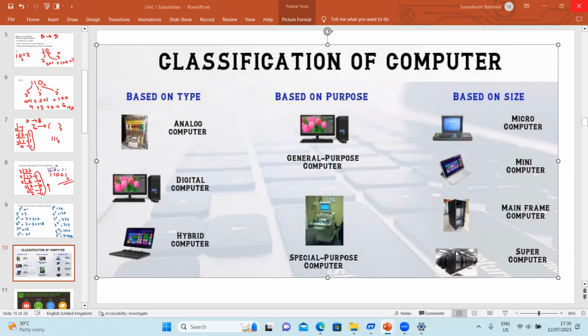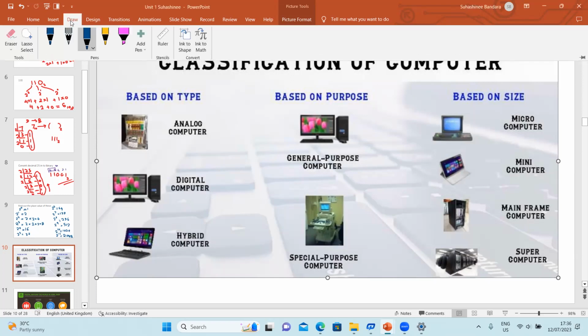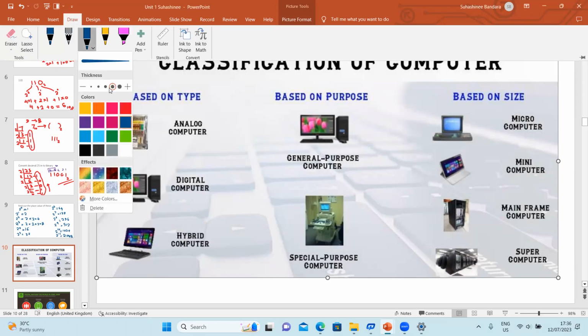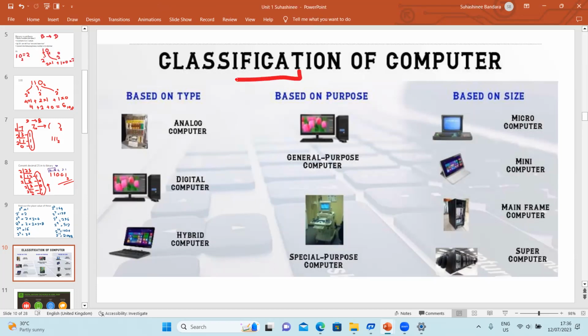Shall we draw the chart? I'll draw the lines there, then it's easy for you. Okay, classification of computers. I can draw 2 lines like this and like this.